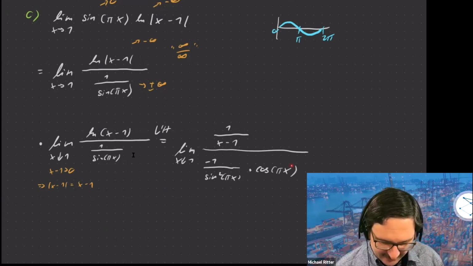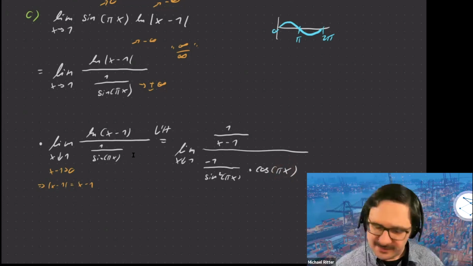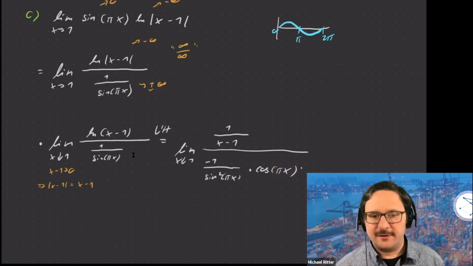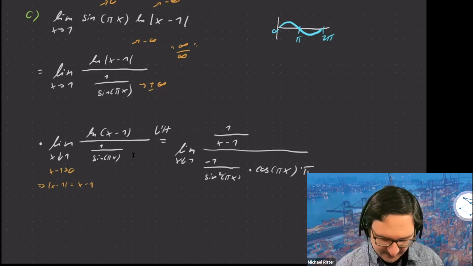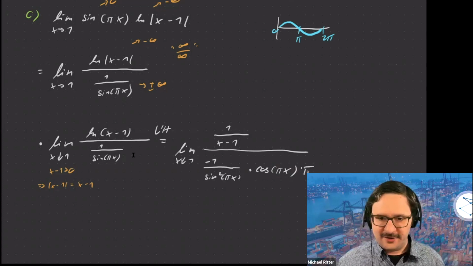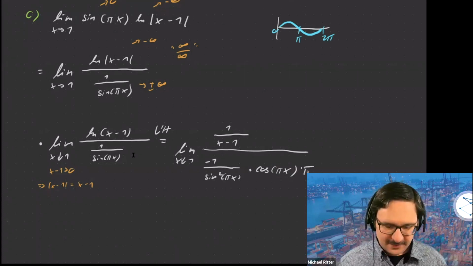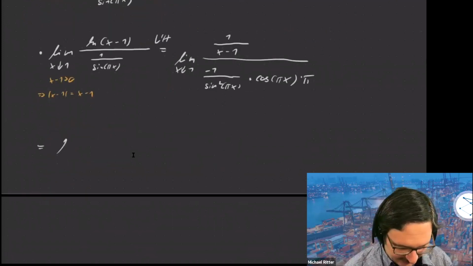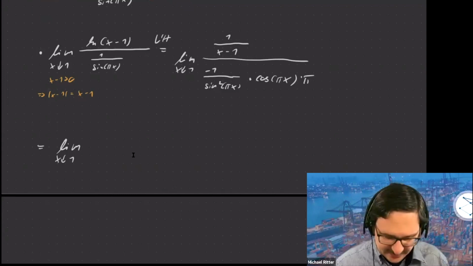And again, there's an inner function to that. So we have to multiply with the derivative of that one as well. And the derivative of pi x is just pi. So that's the derivative of the denominator here. Now again, let's simplify things a little to see if that already helps. So what do we get here?